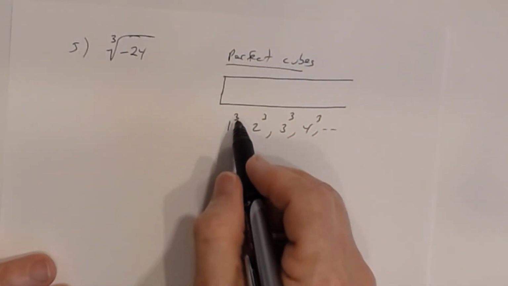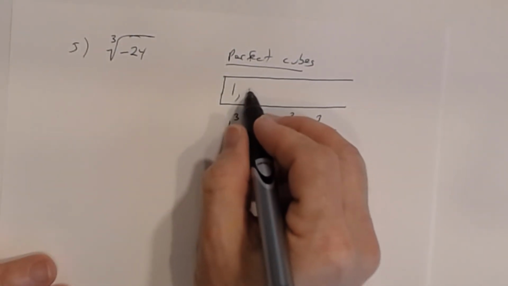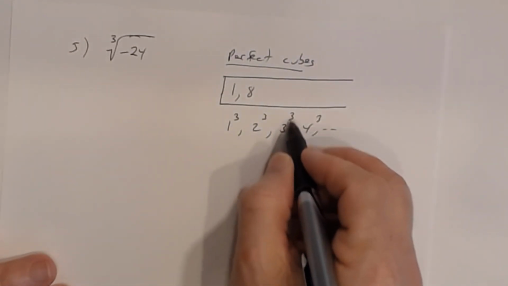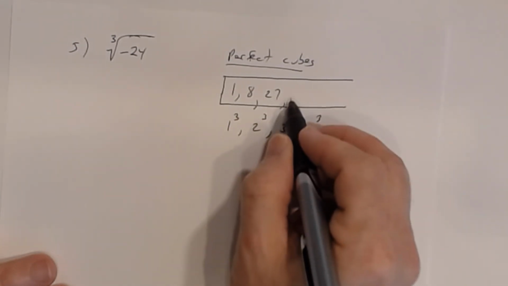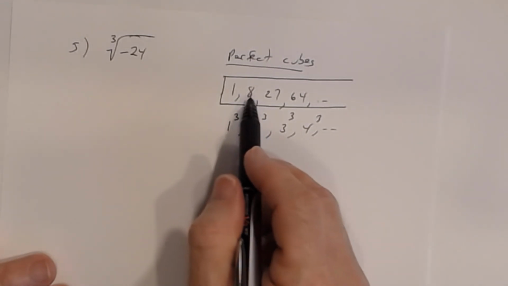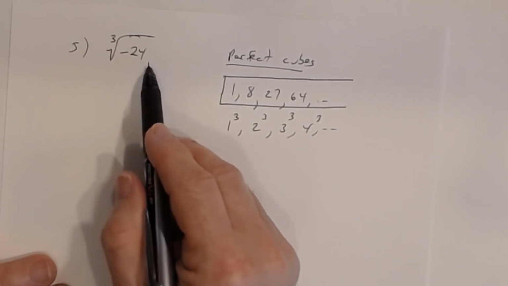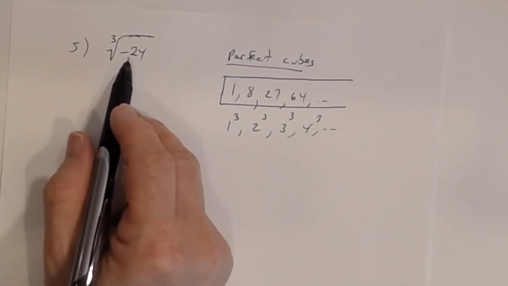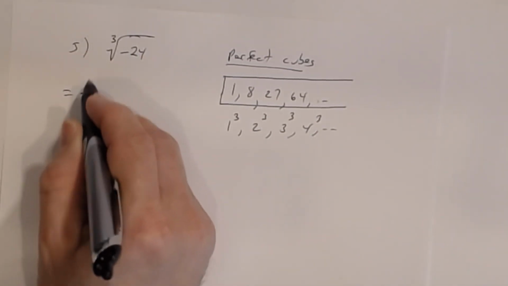So 1 times itself 3 times is 1, so 1's the smallest. 2 times itself 3 times is 8, so 8's the next perfect cube. 3 times itself 3 times is 27. 4 times itself 3 times is 64, and so on. Besides the number 1, there is one of these that goes into 24, and that's 8. So I can simplify the cube root of negative 24. So I can rewrite this as a cube root.